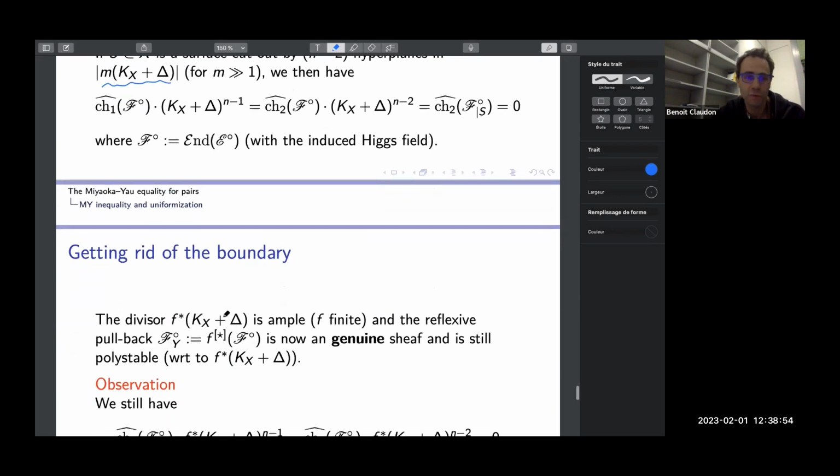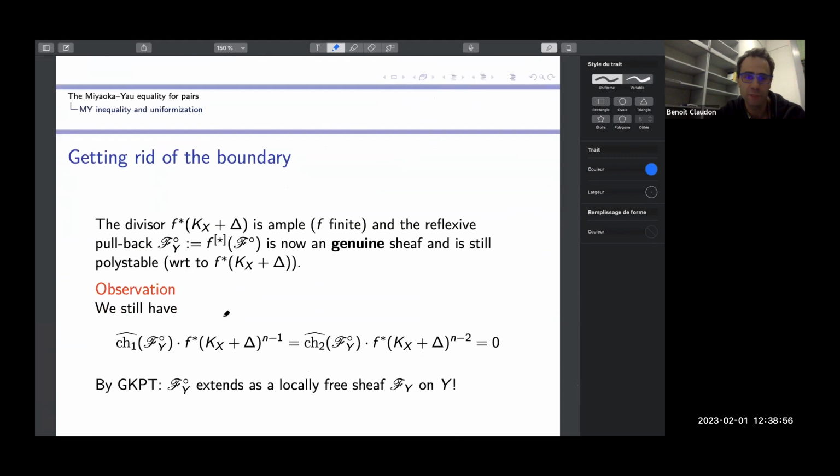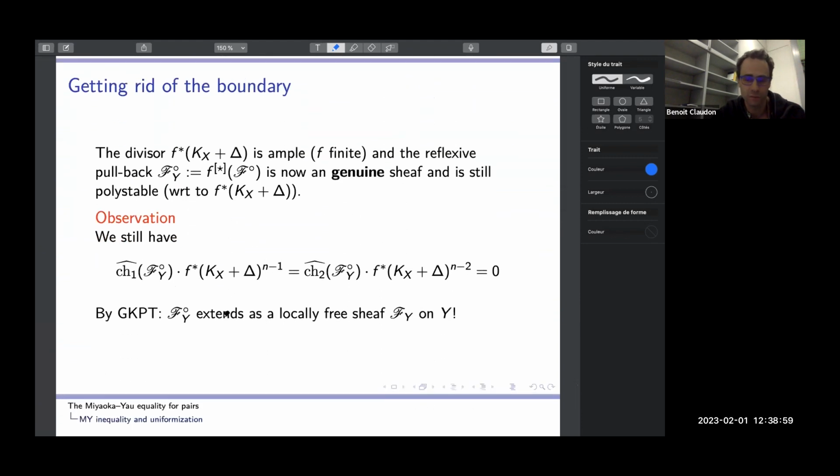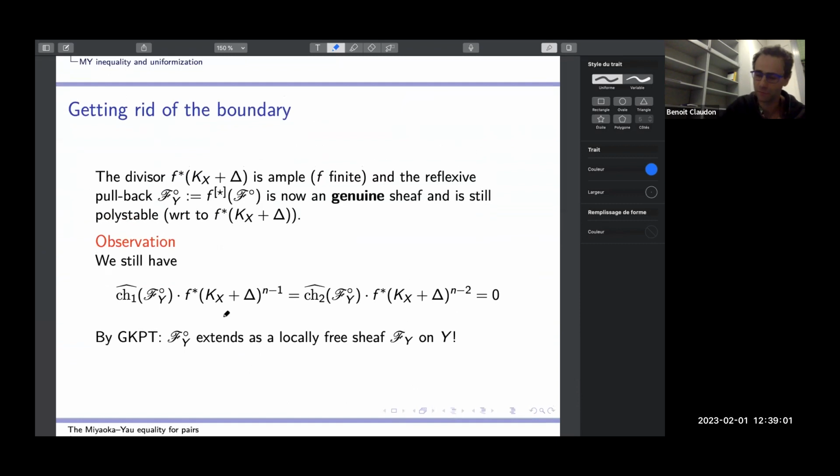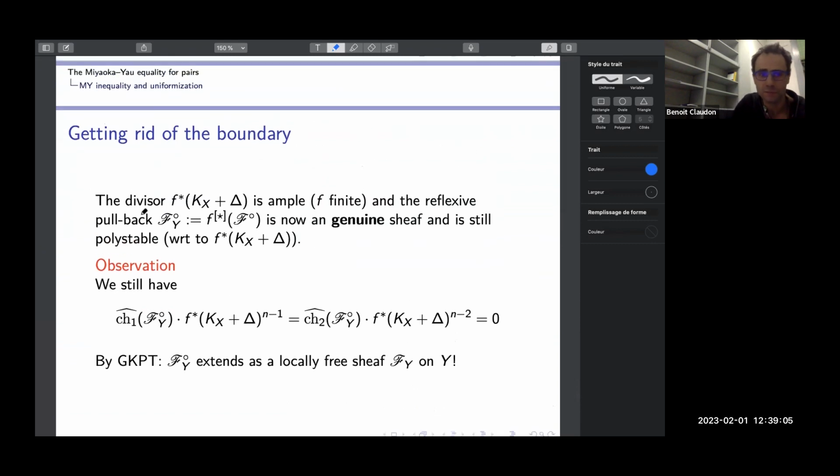And now it's time to get rid of the boundary. To do that, we go to the cover Y. Since f is finite, this divisor is still ample.